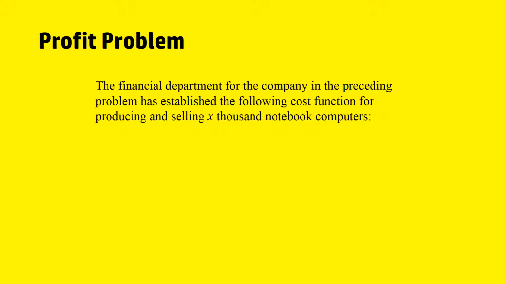Here's a profit problem. The financial department for the company in the preceding problem has established the following cost function for producing and selling x thousand notebook computers. Okay, so here's a cost function.